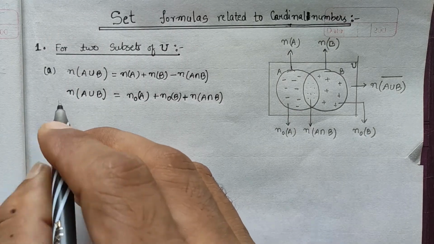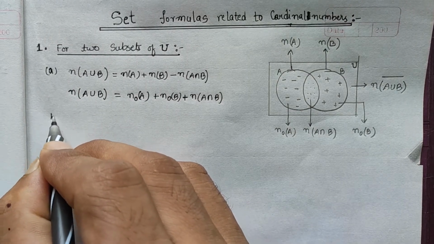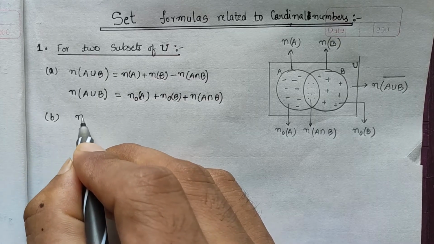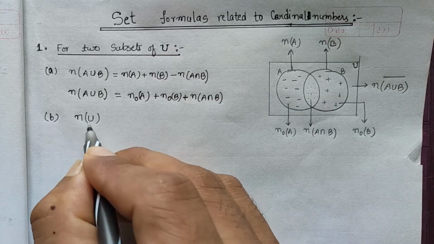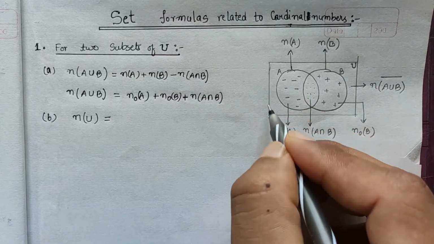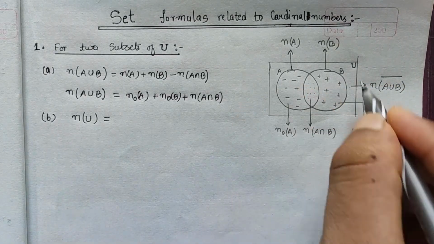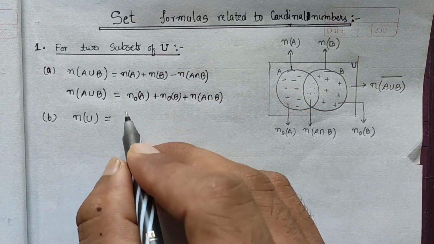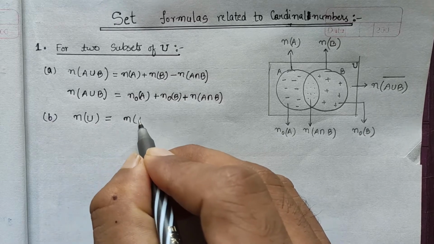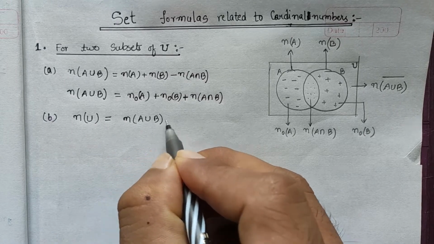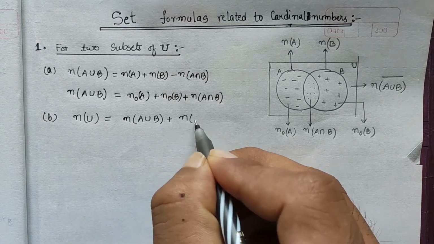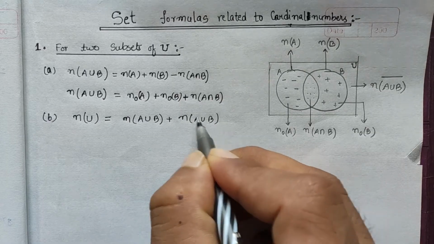And we can write another formula here of n(U) for universal set. n(U) represents this whole part, and what we can write here is n(A union B) plus n(A union B complement).